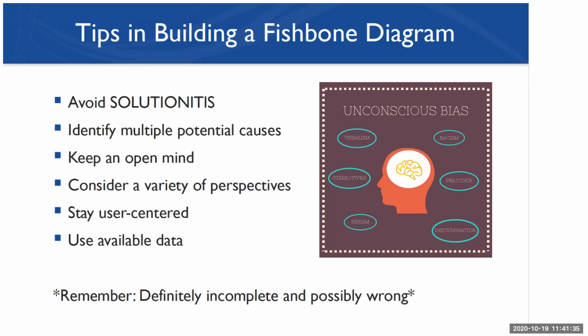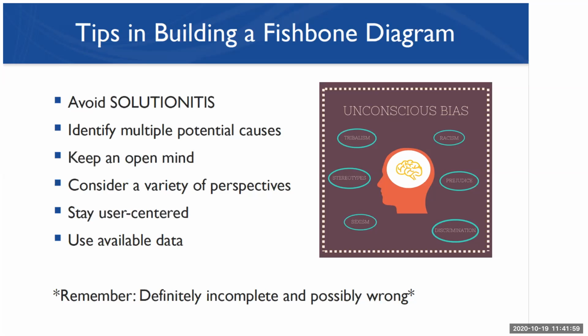One thing that is really important is that you do this work with an open mind and you consider a variety of perspectives, but that you recognize that unconscious bias exists. And you need to check yourself as a group as you're doing this to see in what ways you might be perpetuating biased ideas, such as racist ideas in your causes.